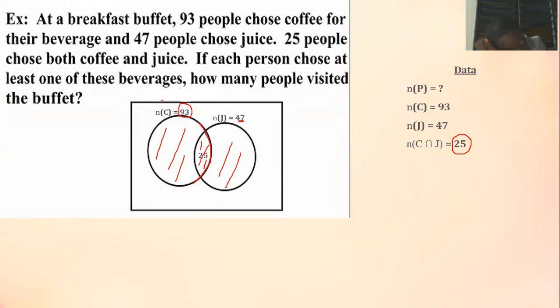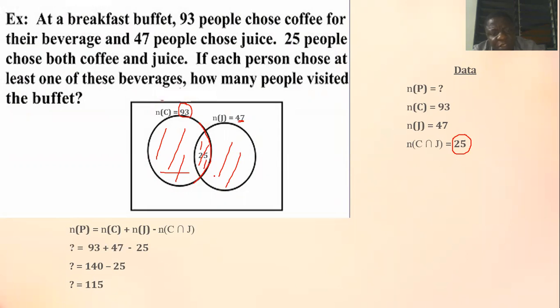So we have the 25 intersected. So using the formula to know the number, here it says how many people visited the buffet. It means that here we were not given the universal set. So to get the universal set, it's going to be this region plus that region plus the intersection plus their complement.